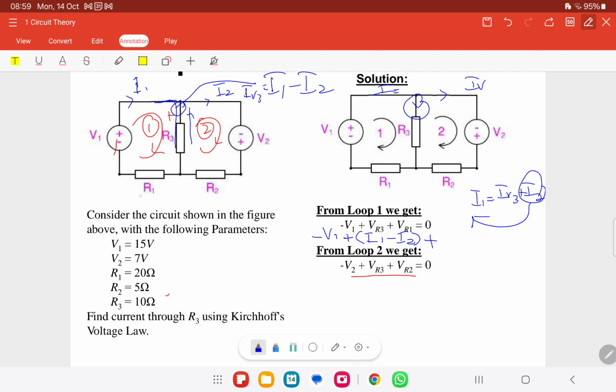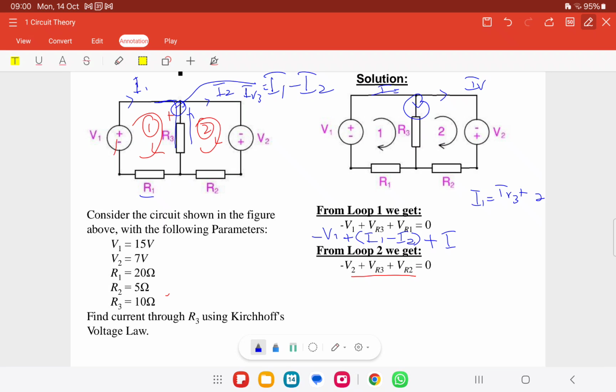Plus, dia ada lagi satu ni, VR1. Okay, I padamkan dulu this one. Okay, plus VR1 is I apa yang dekat VR1? I apa ni? Dia ada sentuh dengan loop lain tak? So it is solely on the I1.